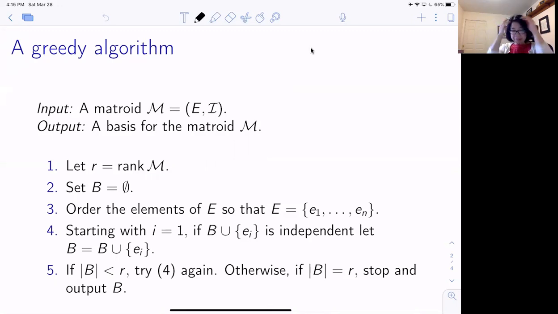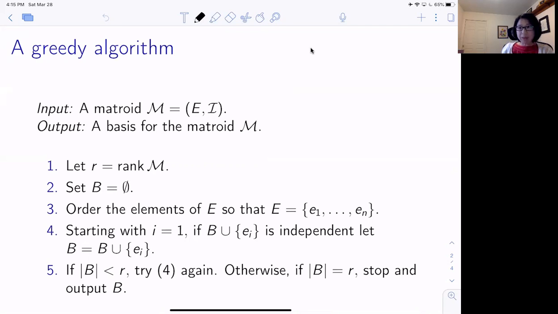And then, if the cardinality of this new set B is still less than the rank, try step 4 again. You're going to keep looping around until eventually you get a set that has size equal to the rank R, and then you'll stop and output B.